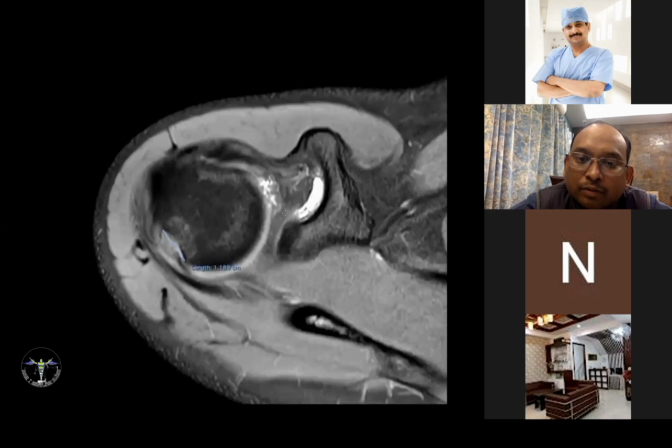Whereas if we come to the superior labrum, we are able to see the superior labrum as intact. So in case of SLAP, there will be a tear that will be moving from anterior to posterior in the superior labrum. That is how it should be seen imaging wise.